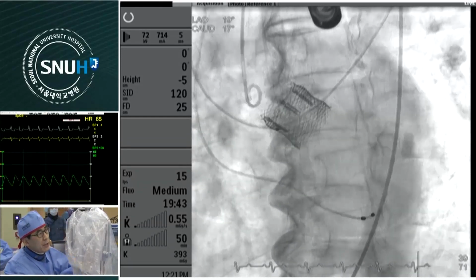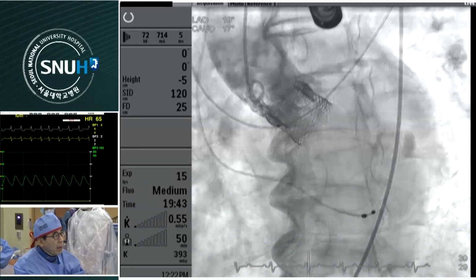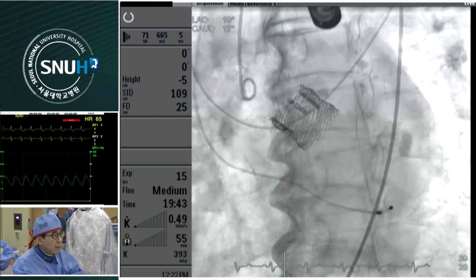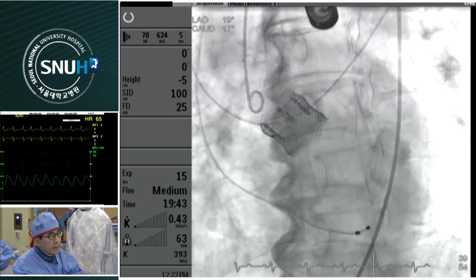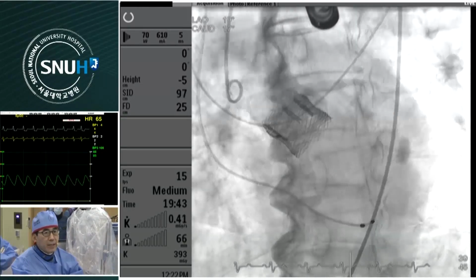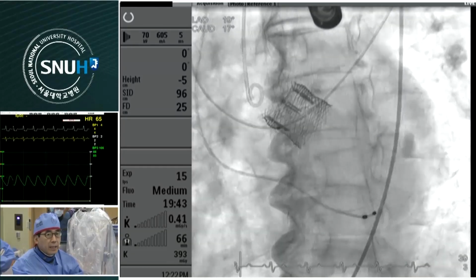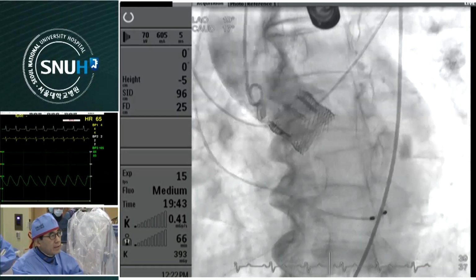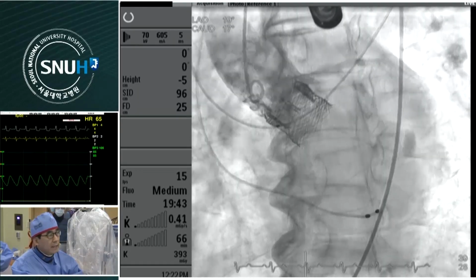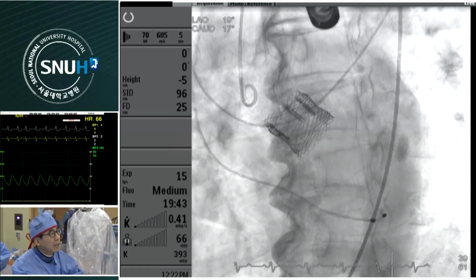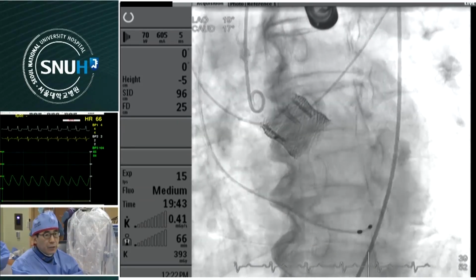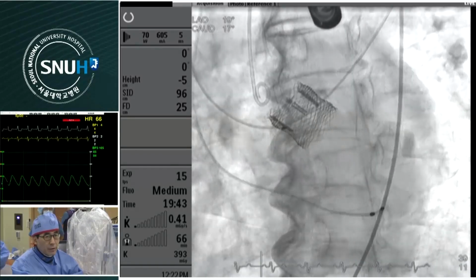This patient's age is 74. Probably expectation of remaining life is about 10 years. Then I expect this valve to be maintained until 10 years. In this clinical follow-up data, there is evidence to support durability of TAVI valve leaflet at least 7 years in the Vancouver registry of Edwards valve that uses bovine pericardium.